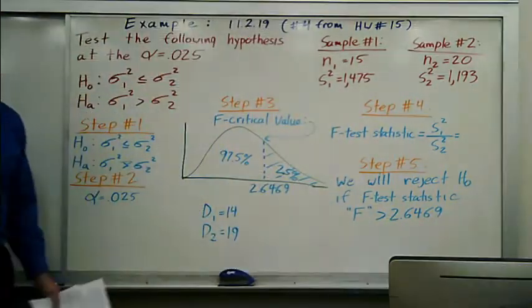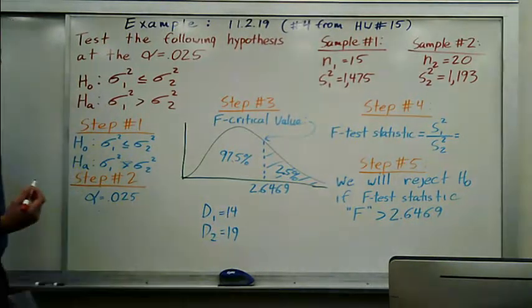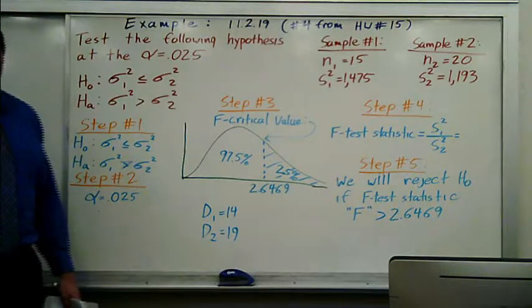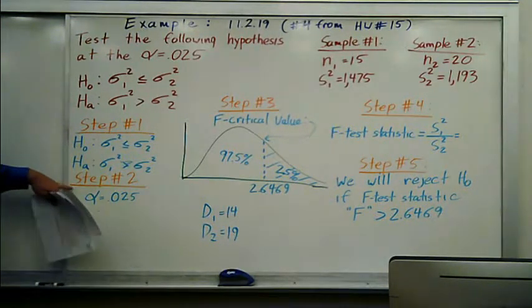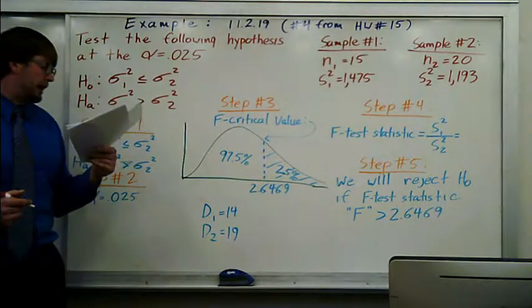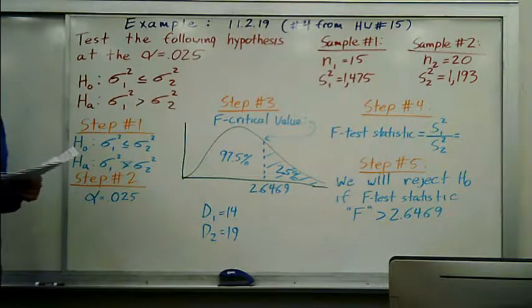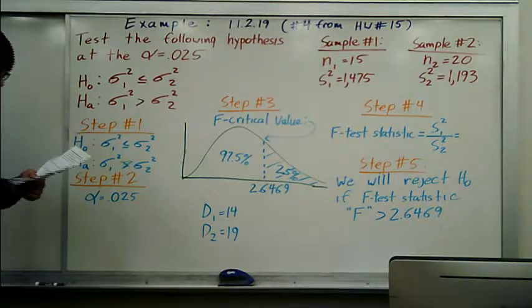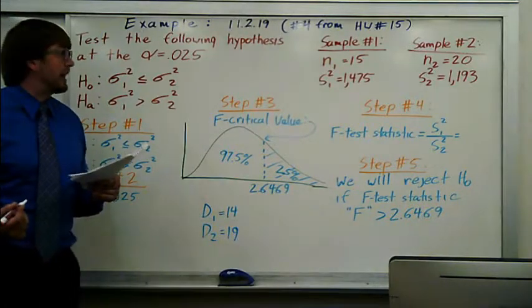Alright, so of course since we're doing the hypothesis testing, we're just going to follow those same 5 steps. Step number 1, identify the null and alternative hypotheses. These are already given to us. Step number 2, well, we're told to test the hypothesis at the 0.025 or 2.5% significance level. So that takes us to step number 3. Calculate the critical values.